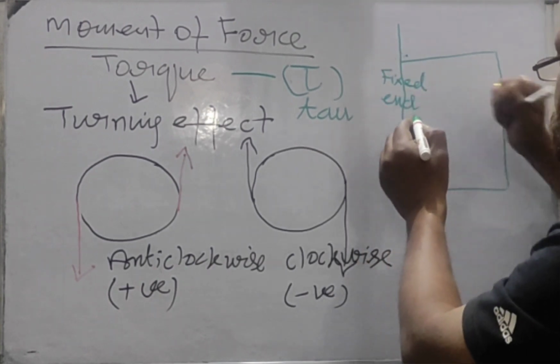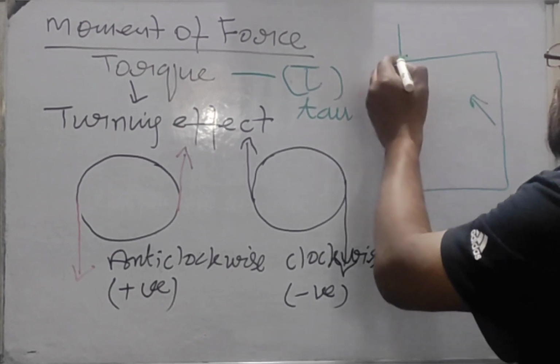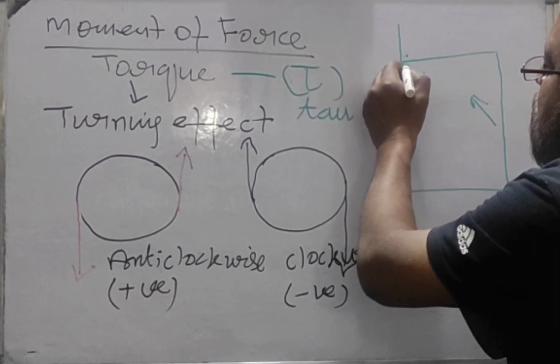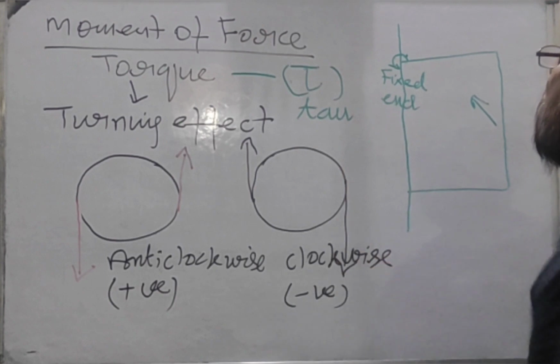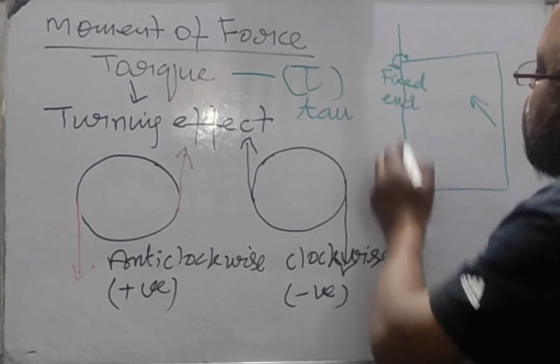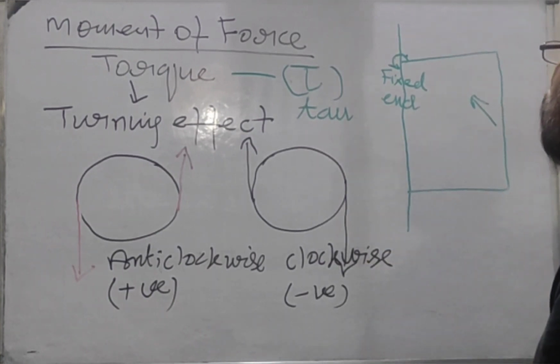If you put force towards this side, then it will rotate like this. So this is the axis of rotation. This is called axis of rotation.